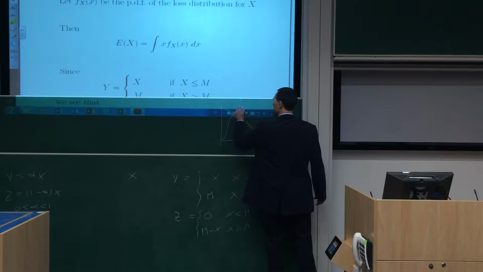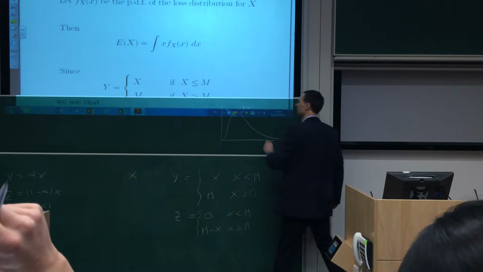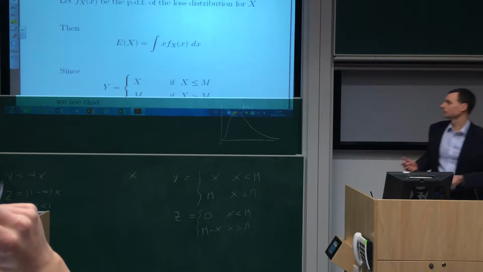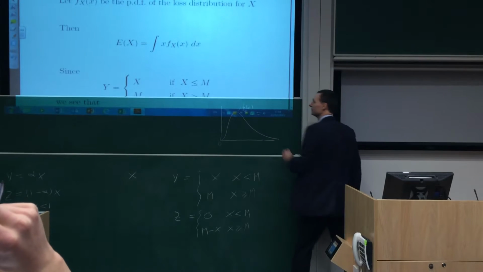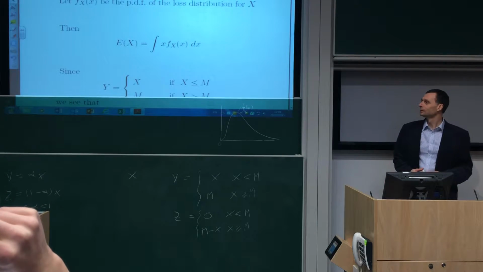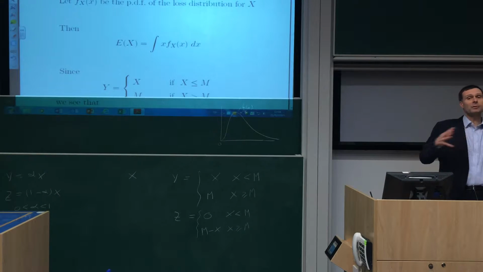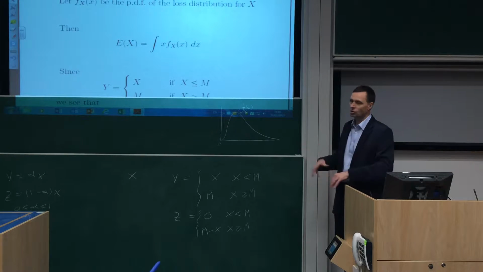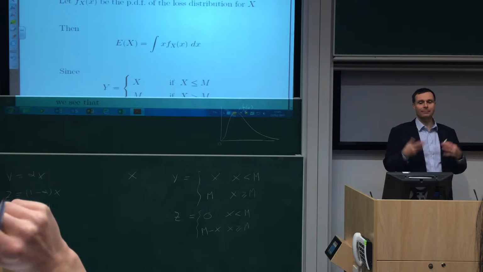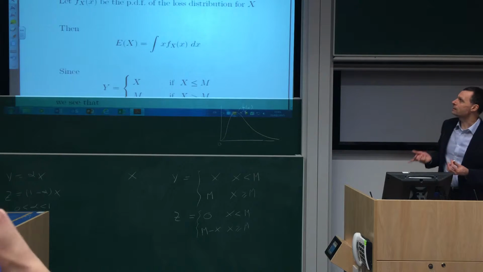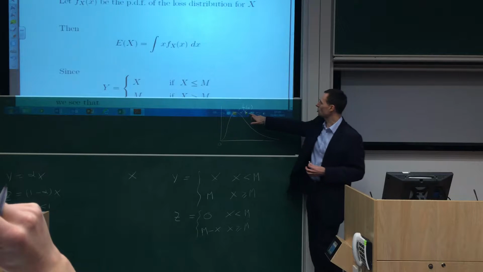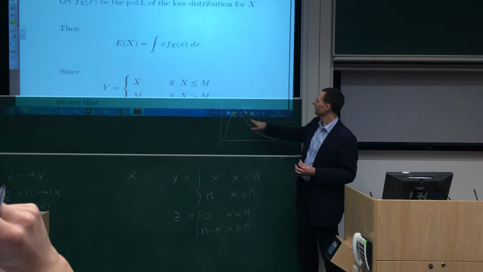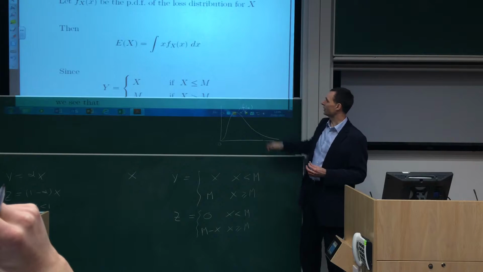So this is f of x. We probably need to write a little x there, because we'll want to talk about f of y, but everything will be related to f of x. You've got some data, you've decided it's a Pareto distribution, or an exponential, or a gamma for claims. We know how to work out the expectation of X. It's the integral from 0 to infinity of x f of x dx.